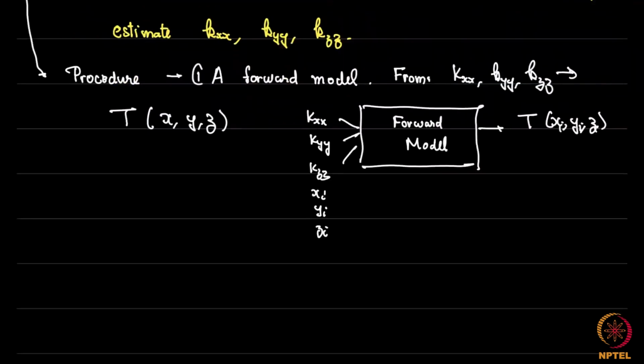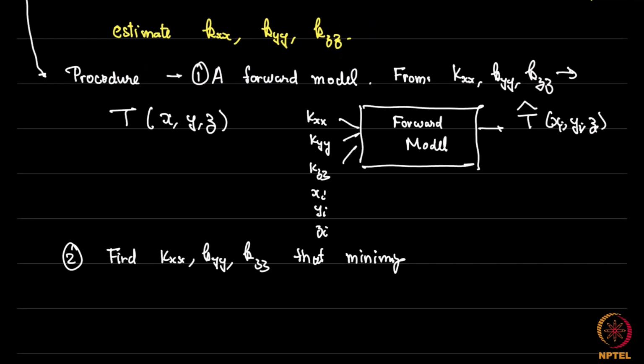So the procedure is this: you need a forward model, then find Kxx, Kyy, Kzz that minimize, let's call this T hat, the sum of T hat minus T at these points squared, summed over all i.